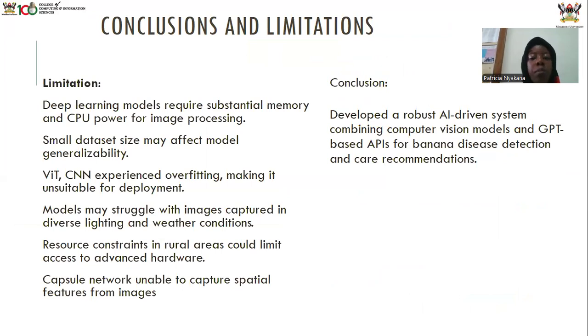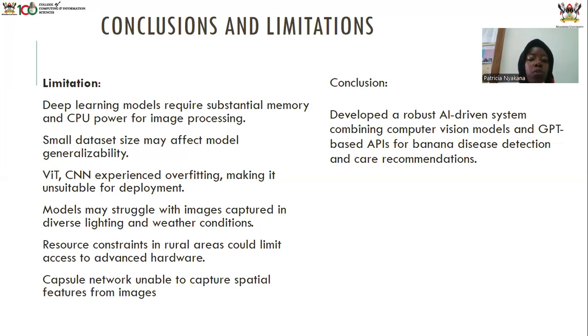So some of the limitations: the deep learning models that we're training require substantial memory and CPU power to process images and then give a prediction, because most of these models are powered by TensorFlow, and even just loading TensorFlow takes a very high amount of memory and CPU power, and some of it we had to pay for.